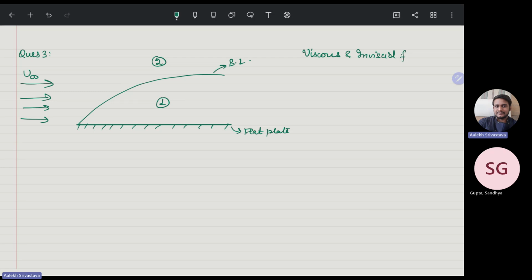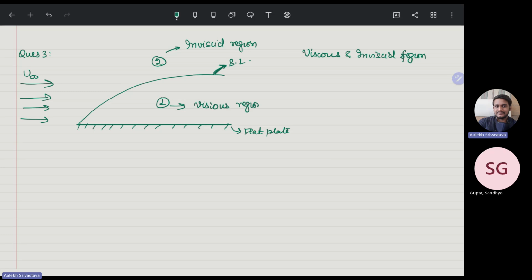inviscid? So as you know, when the flow over a flat plate takes place outside the boundary layer, we say that this is inviscid region. Okay. And inside the boundary layer where the viscous force are present and they are dominant, it is called as viscous region.